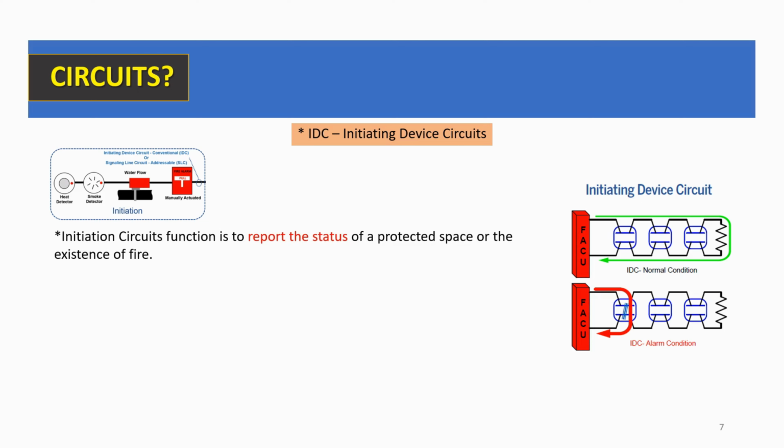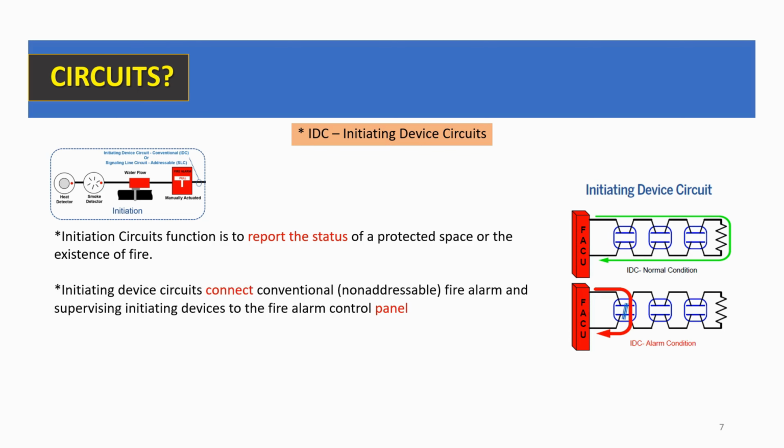This circuit's function is to report the status of a protected space or the existence of fire in a particular building. As I already told you, if a fire occurs in a particular building, these devices will sense and give a signal to the fire alarm control unit.